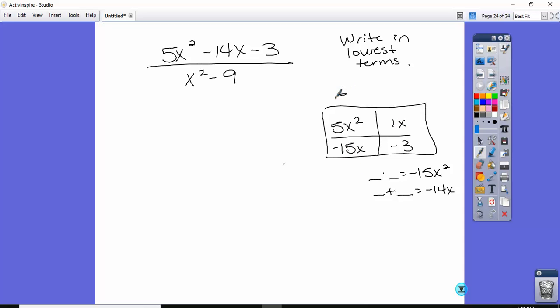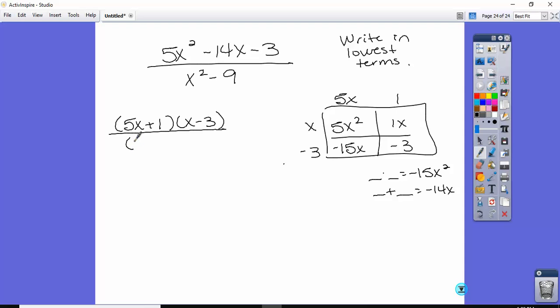Then we factor. So this is 5x and 1, x minus 3. X squared minus 9. How would I factor that? Difference of squares. Remember, difference of squares goes to two identical parentheses, except one's plus and one's minus.